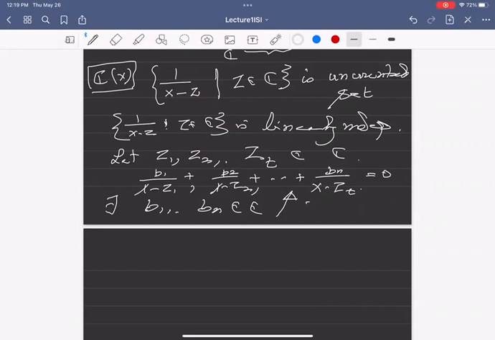Okay. So suppose I have this linear relation: b1 over x minus z1, b2 over x minus z2, ..., bt over x minus zt, and this sum is 0. I want to show the b_i are 0. So what can you do to show the b_i are 0?